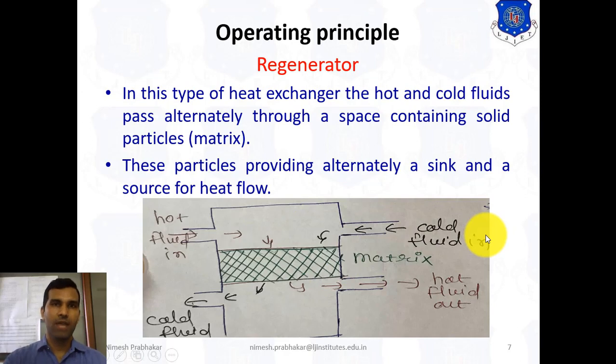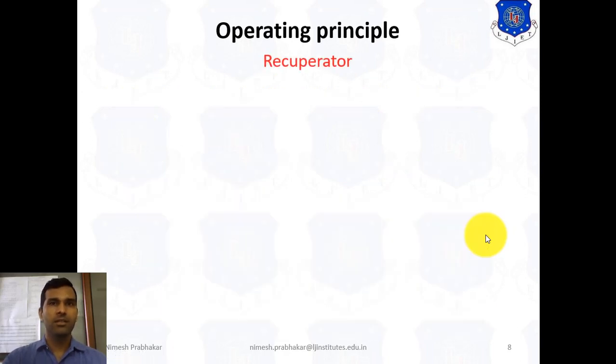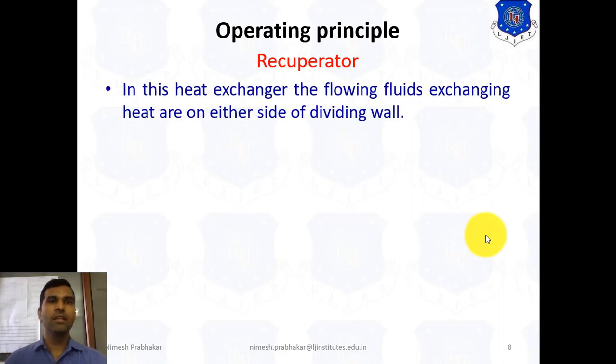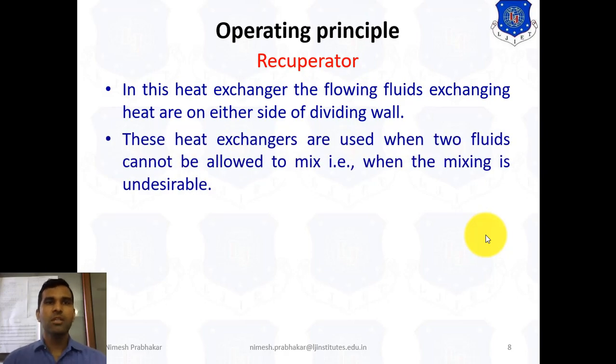Now the next type by operating principle is the recuperator. In this heat exchanger, the fluids exchanging heat are on either side of a dividing wall. These heat exchangers are used when two fluids cannot be allowed to mix, or when the mixing is undesirable.